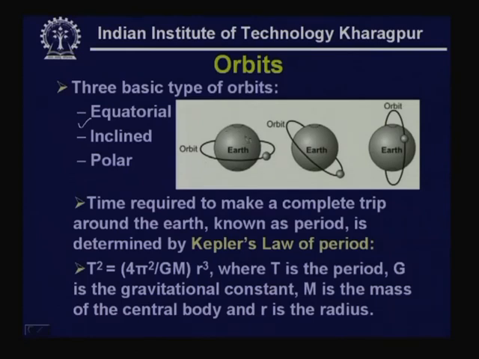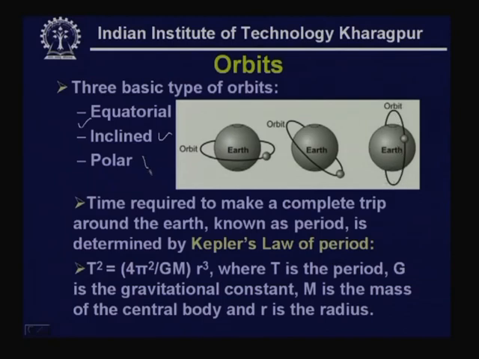This is your Earth, and here is the orbit. So, it is on the equatorial plane. Then it can be inclined with respect to the Earth's polar line, the vertical axis, or it can be polar. So, the orbit can be more vertical in this direction, that means polar orbits.